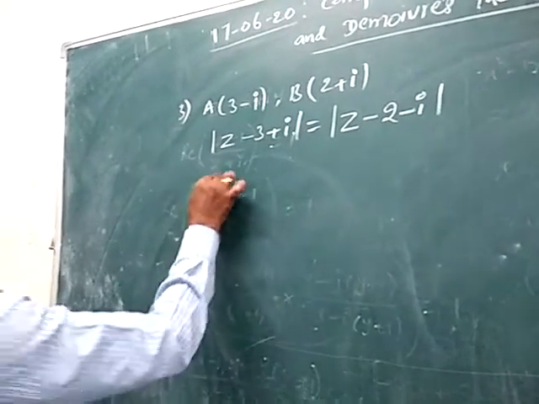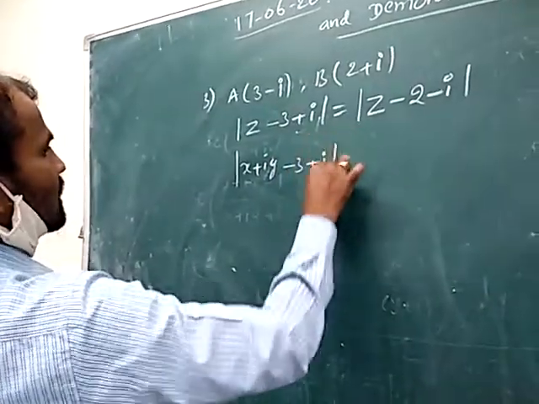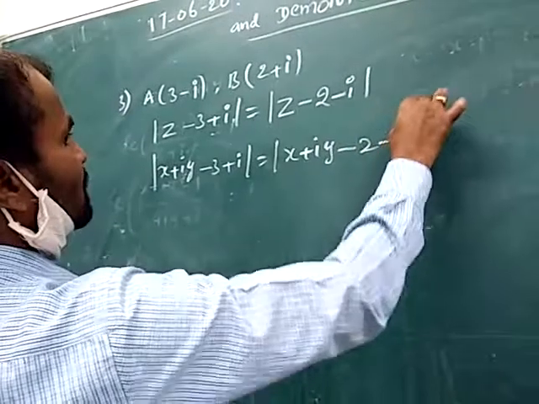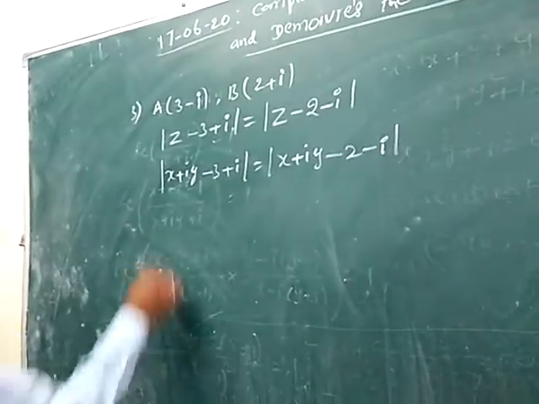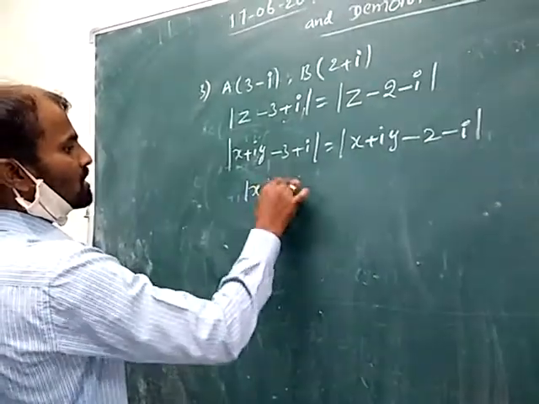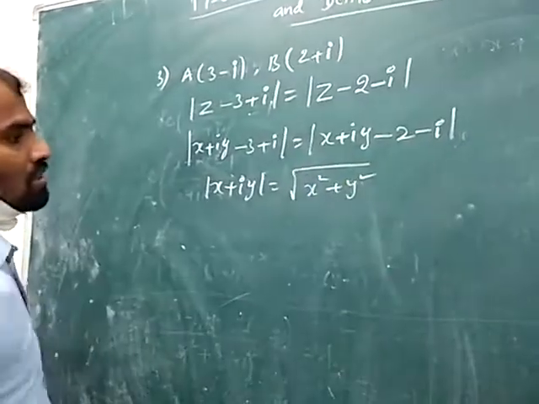Now what is z given? x plus iy. So modulus of (x plus iy minus 3 plus i) equal to modulus of (x plus iy minus 2 minus i). Now what is the real part here? Modulus of x plus iy is equal to root over x square plus y square. You know this formula.